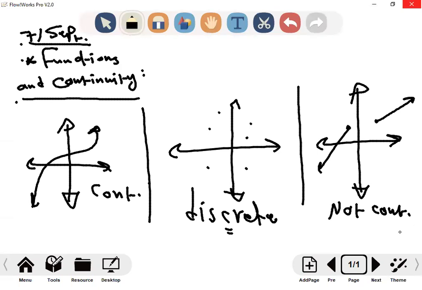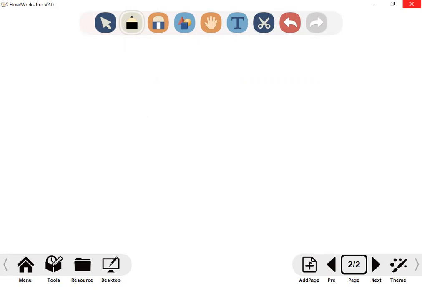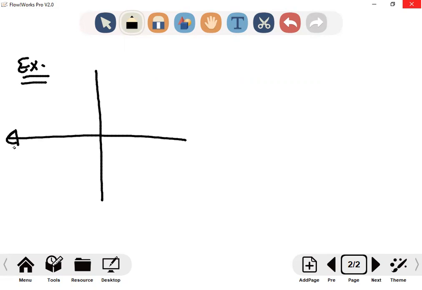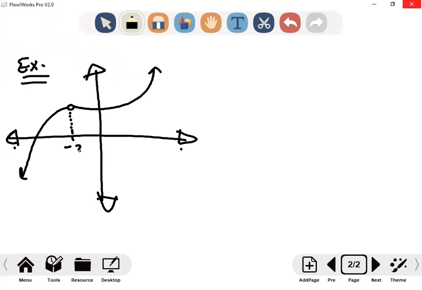Now, there is an idea I need to tell you about, which is the intervals. The intervals, okay? Now, for example, here, if I have this type of curve, and here the number -2.